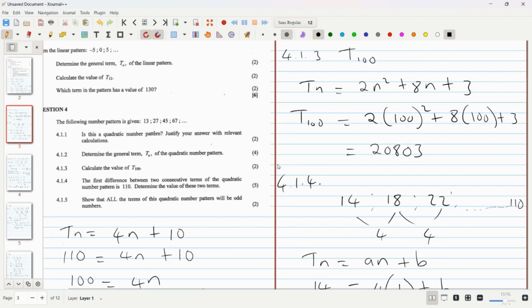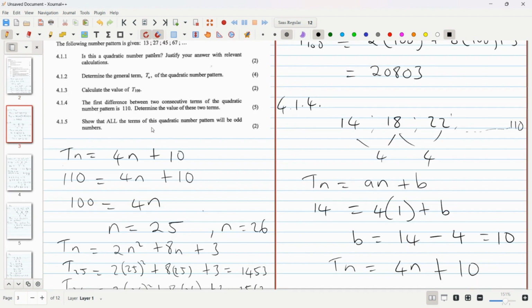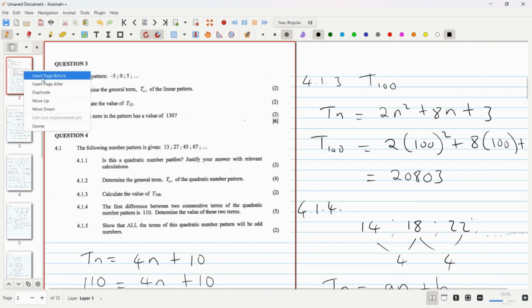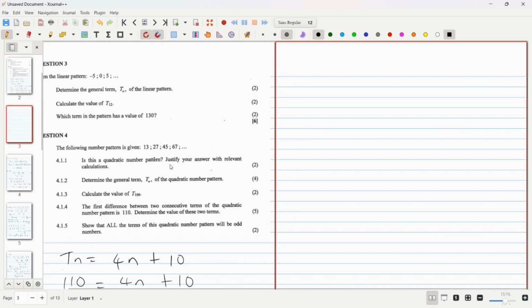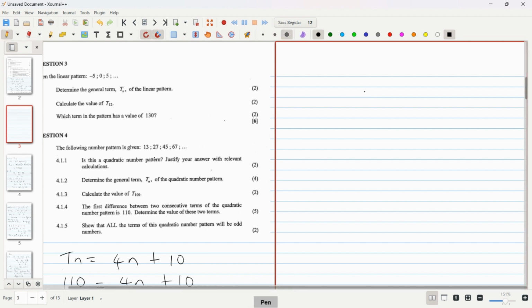Okay. And then for the last one here, we have to show that all the terms of this quadratic number pattern will be odd numbers. So for this, we have to go to our quadratic number pattern, right?